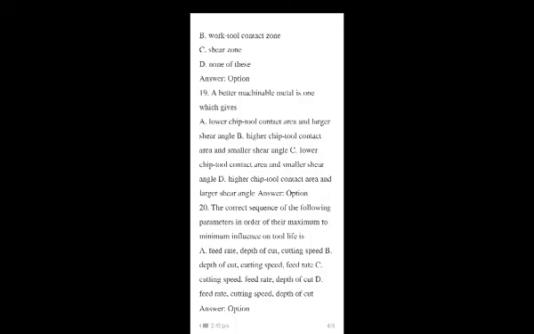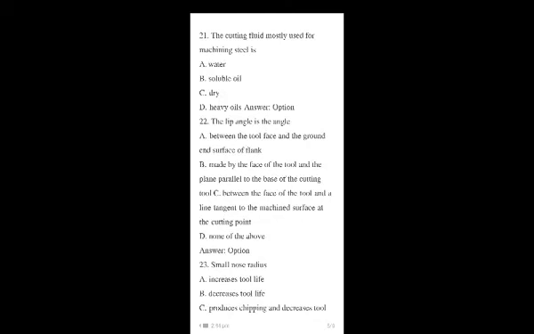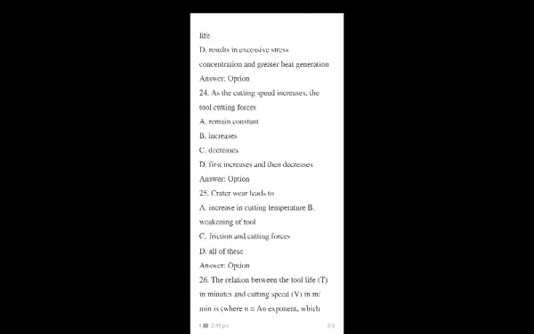Next question, the cutting fluid mostly used for machining steel is soluble oil. Okay, the lip angle is the angle between the tool face and the ground end surface of flank. So next question, small nose radius results in excessive stress concentration and greater heat generation.